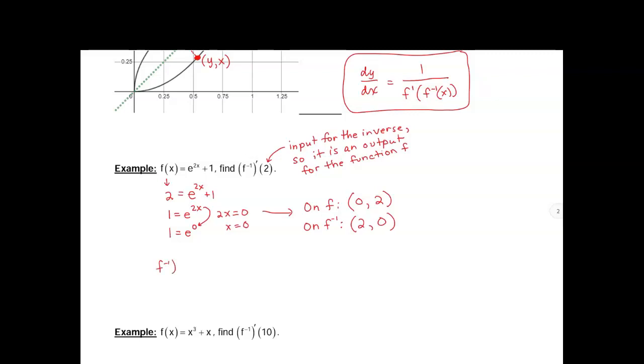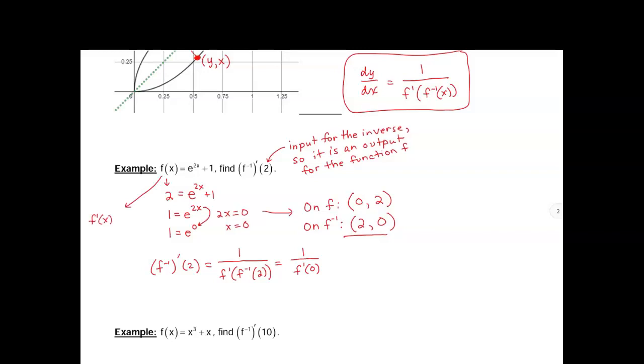So now with that information, we can go ahead and find the derivative of the inverse. Here's the inverse. We're going to take the derivative of it at 2. Let's bring the formula in, the formula in the box up above. 1 over f prime of f inverse at 2. Well, we now know that f inverse of 2 is going to give us 0. So this is equal to 1 over f prime of 0. Well, we don't have f prime right now, but we can get it. Take f and find the derivative.